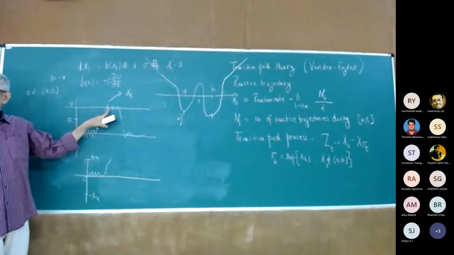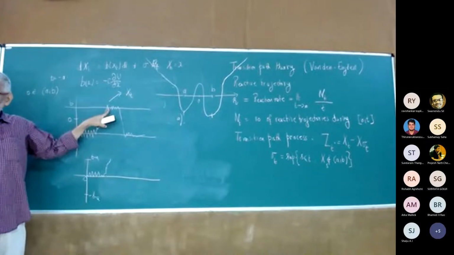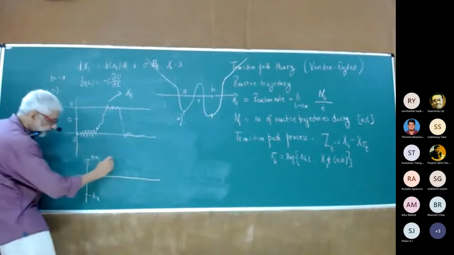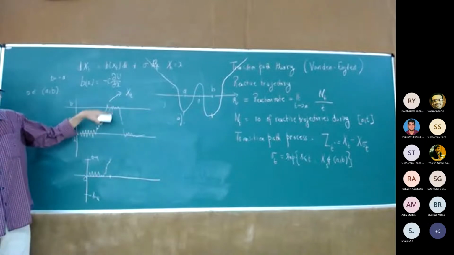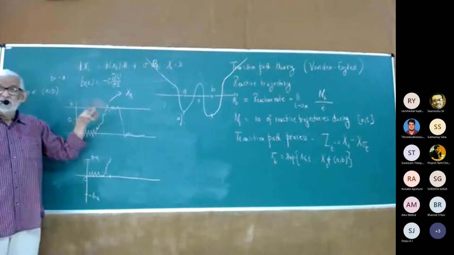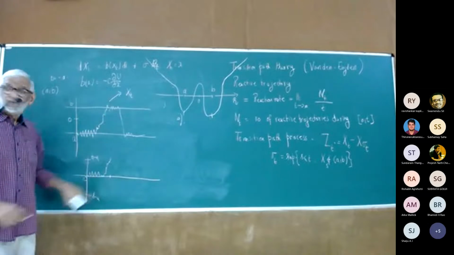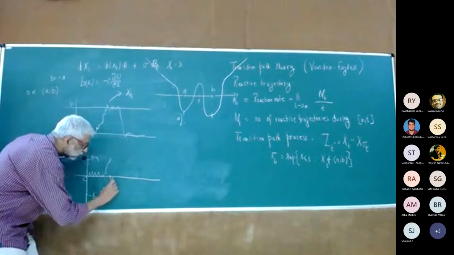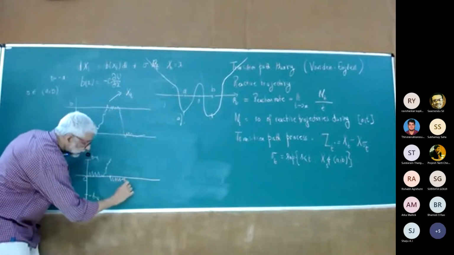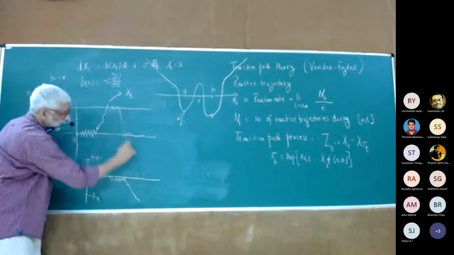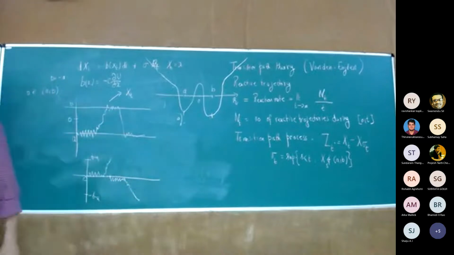And then at this point, it jumps to 0. And the excursions below B, it captures, and then it does this part, and then the process continues.